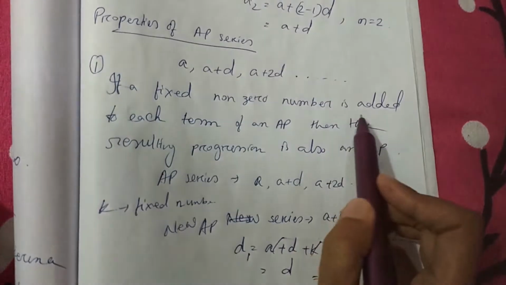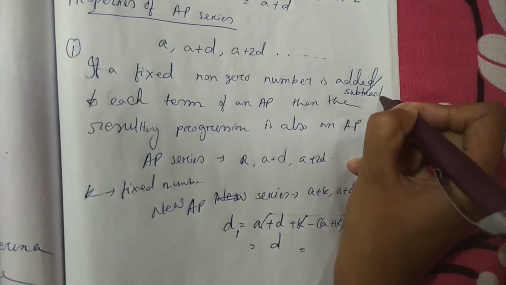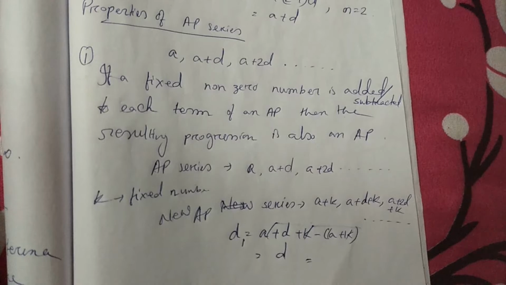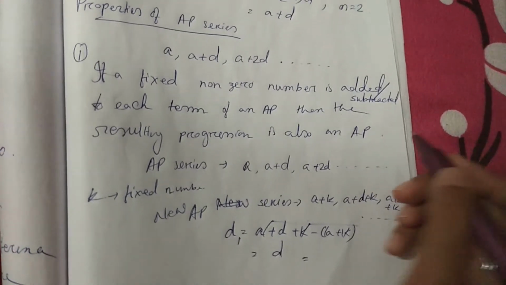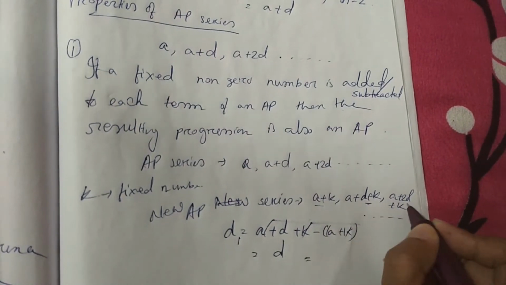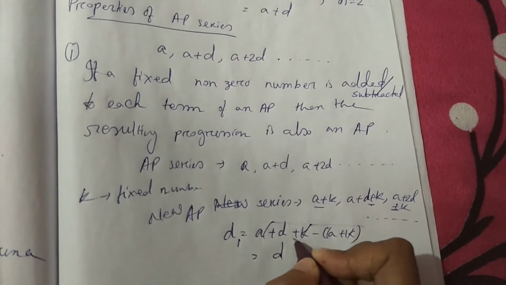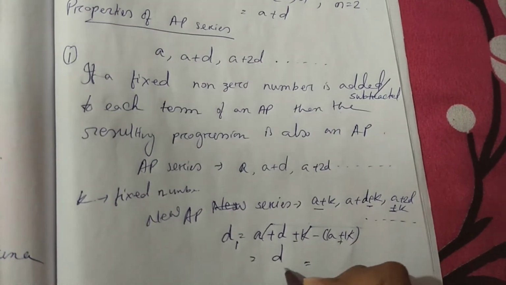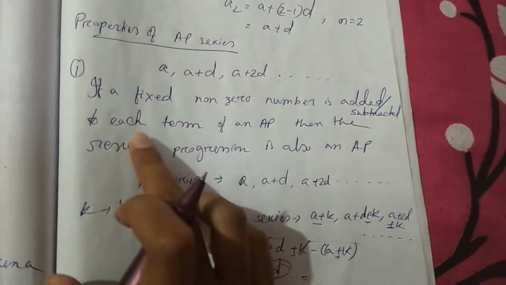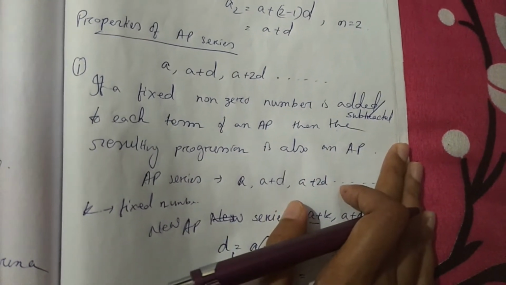Similarly, if a fixed non-zero number is subtracted, say a minus k, the common difference will again be d. So if a fixed non-zero number is added or subtracted to each term of an AP, the resulting progression is also an AP.